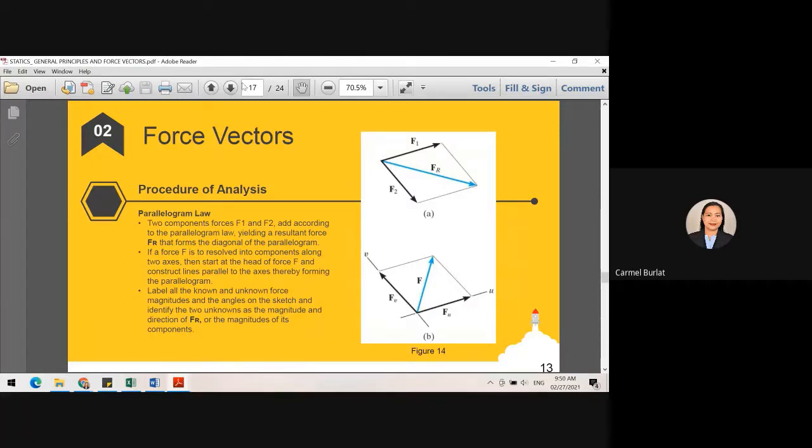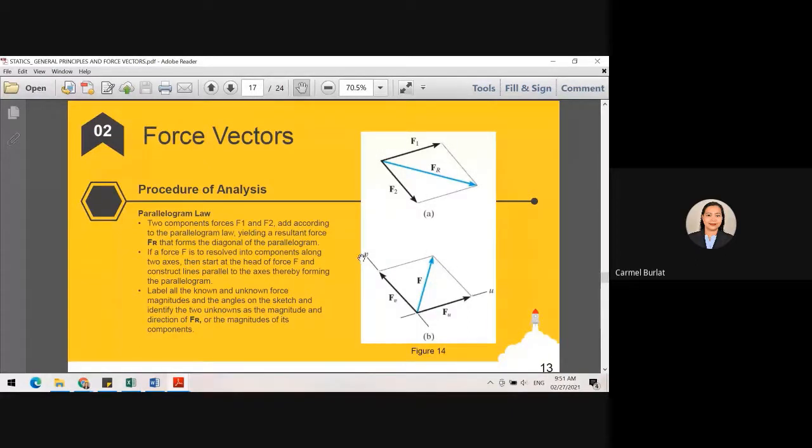For the analysis, using parallelogram law, these are the steps that you need to do. There are two components, F1 and F2, and add according to the parallelogram law. So you have to combine F1 and F2, and then you will get the resultant. If the force F is resolved into components along the two axes, then start at the head of the force F. This is the head and this is the tail.